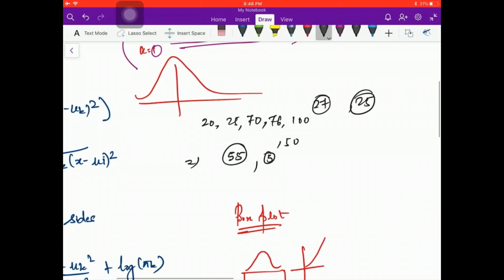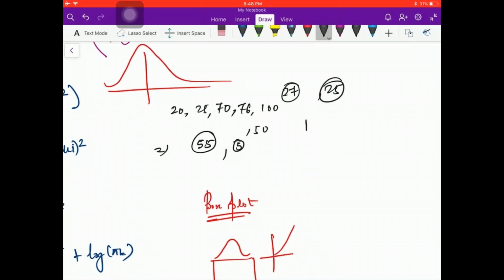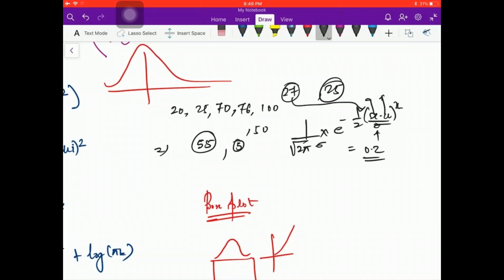This is a continuous distribution. So what you do, you go to your equation of normal, 1 upon root 2 pi sigma into e to the power minus half (x minus mu by sigma) whole square. You put in your mean here, you put in your standard deviation here, you put in x which I want to find, and you give me the probability. Let's say it's 0.2. Okay, simple as that.